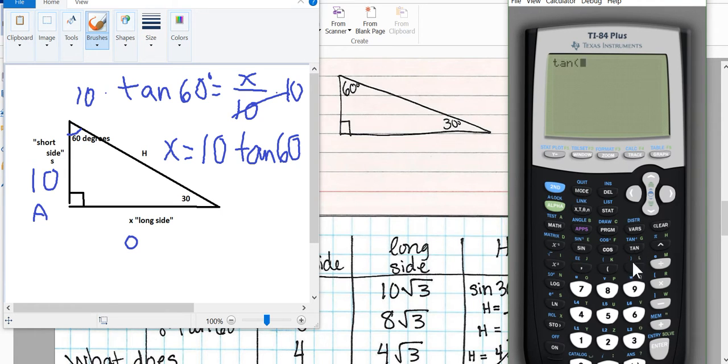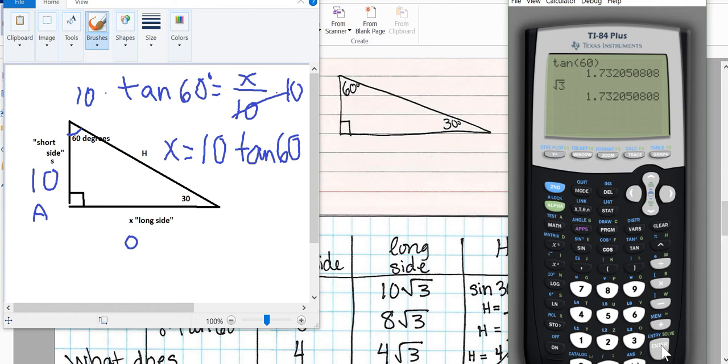So just type in tangent of 60 degrees and enter. Okay, so we get a really long, probably irrational number here. It doesn't seem to have a pattern. But then, if we do this, second square root of 3, something cool happens.